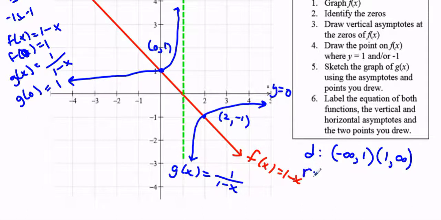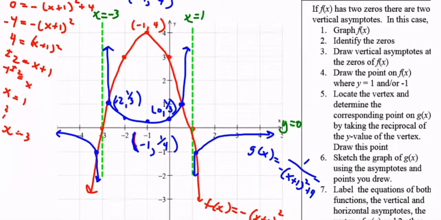The range, well, we can have anything here, but when we get to the x-axis, that's no good, and then it's good from there up. So again, we are just going to start from the bottom, negative infinity. We're going to go to 0. Don't include 0. Then we're going to jump over and not include the 0 again. So we're having a round bracket there and back up to infinity. Okay? All right. Next one.